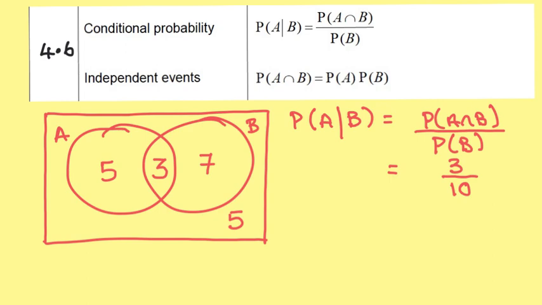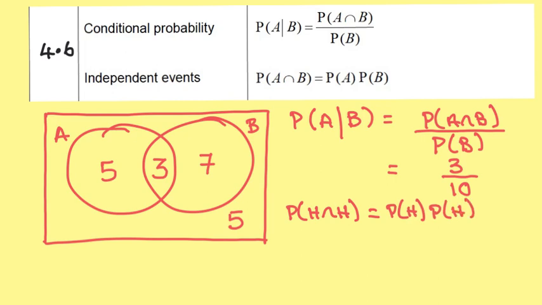For instance, if I flick a coin twice, the probability of getting a head the second time does not change because I got a head the first time. So the probability of head and head is equal to the probability of head times the probability of head.